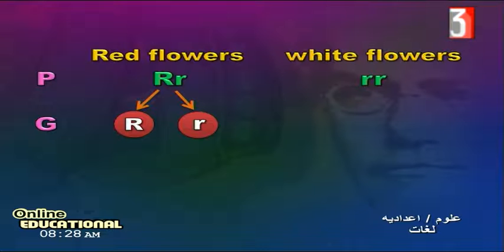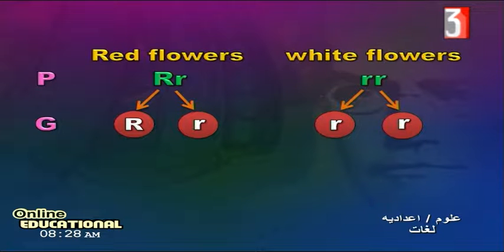If we consider that the red flower is a female, so R capital female or R small female, as ovum. White flower, if we consider that it is a male plant, the formation of gametes is R small and R small as pollen grain.